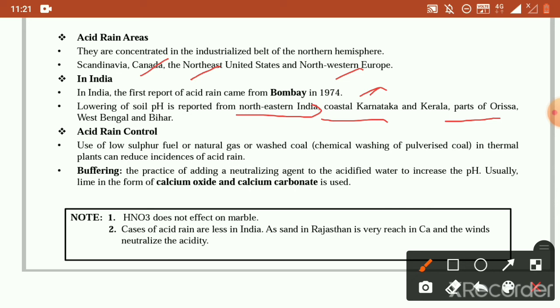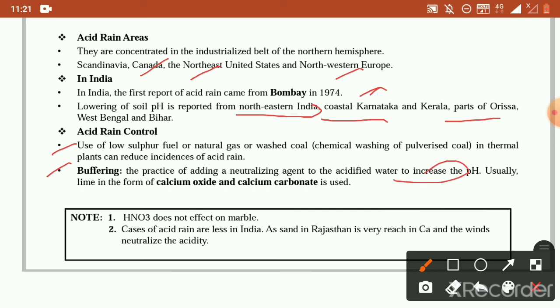At last, we will see how to control acid rain. First is the use of low sulfur fuel or natural gas in thermal plants that can reduce the incidences of acid rain. Second is buffering, the practice of adding a neutralizing agent to the acidified water to increase the pH.